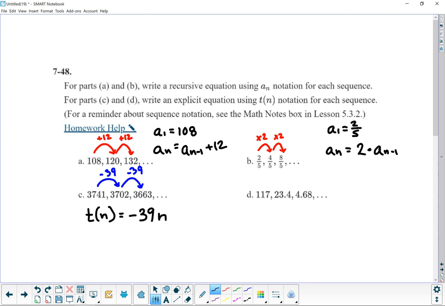So my pattern is minus 39 for every N. If I'm doing repeated subtraction of 39, I'm actually going to be multiplying by 39 for every number that goes by. And then to figure out my last part, I just have to figure out what my very first term is. What's that term right there? Right? So to go in that direction, I need to add 39.